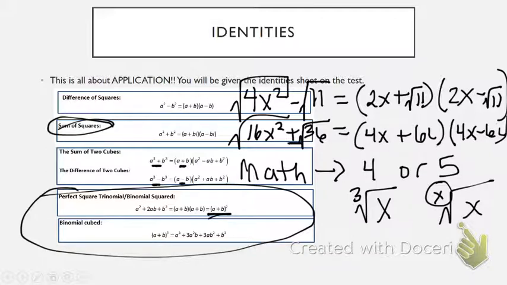This is a plus b squared. There are 3 terms right there, ladies and gentlemen. So that quickly matches to the only one there, okay? There was only one choice that had 3 terms. And then for this binomial cubed, there's 4 terms. There was only one answer choice with 4 terms. Only one. So there was no excuse for you getting that wrong, okay?